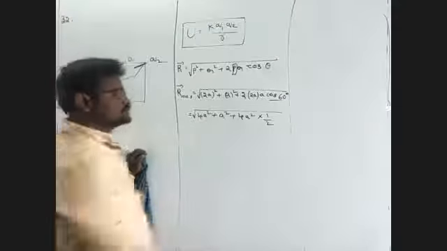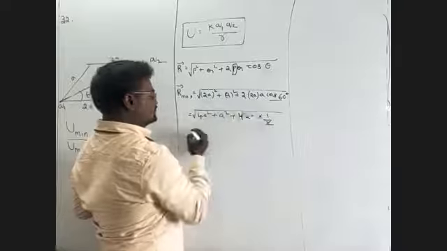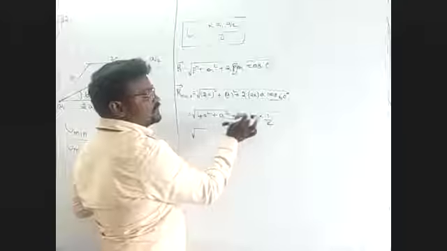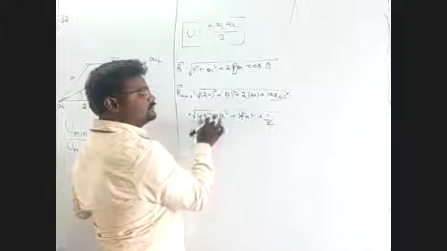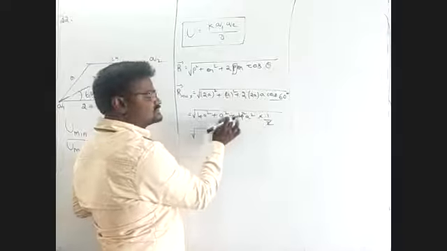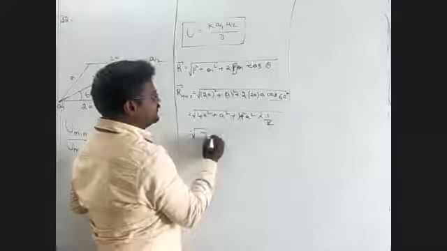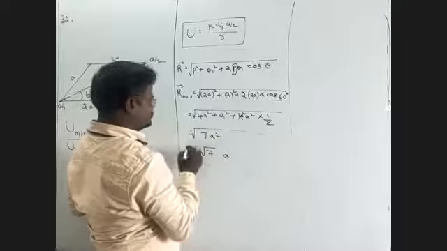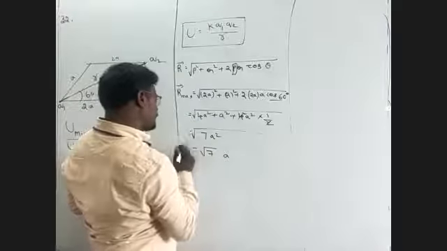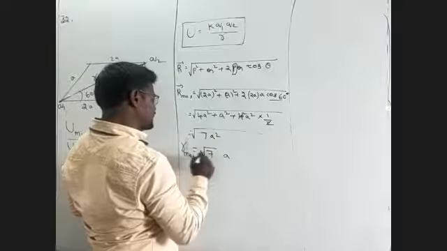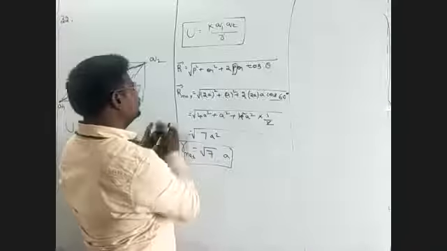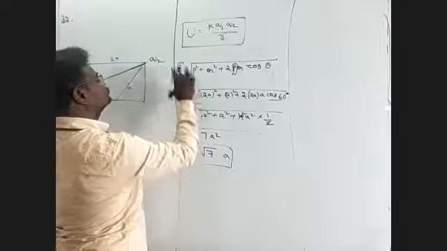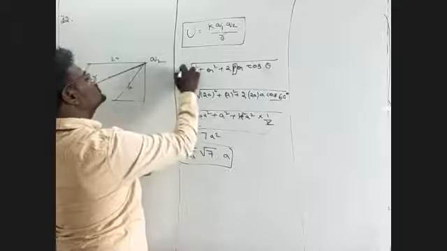The 2 and 2 cancel. So root of 4a square plus a square plus 2a square, that is 6a square plus a square, which means 7a square. This is root 7 a. This is R maximum.